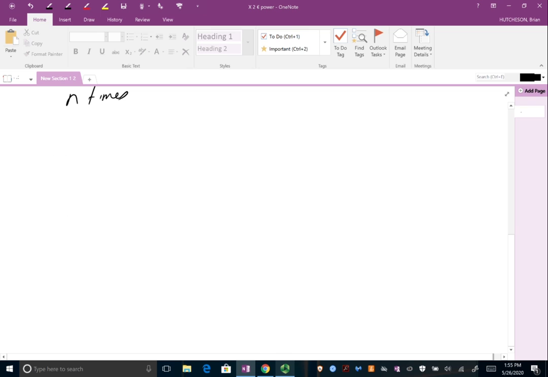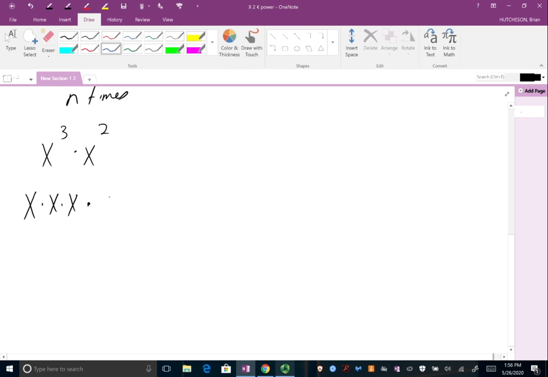So let's build up on our rules. What if I had x cubed times x squared? This is going to be called the product rule. Using our definition of an exponent, x cubed is x times itself 3 times, and then I'm going to times again, using a different color, the x squared, which is x times x.